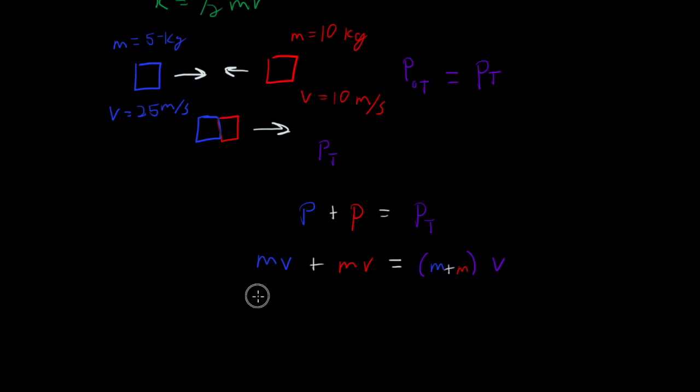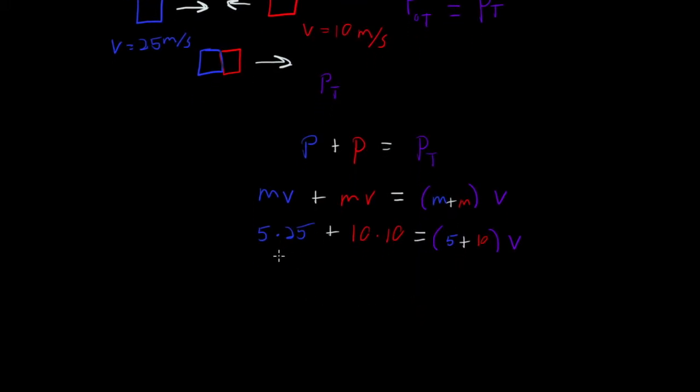So the first mass would be 5 times 25 plus 10 times 10 equal the 5 kilograms plus the 10 kilograms, and that times v. 5 times 25 is going to be 125 plus 100 equal, and then 5 plus 10, that'll be 15v.